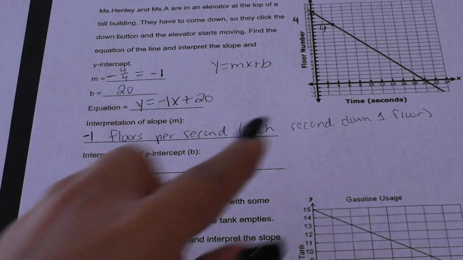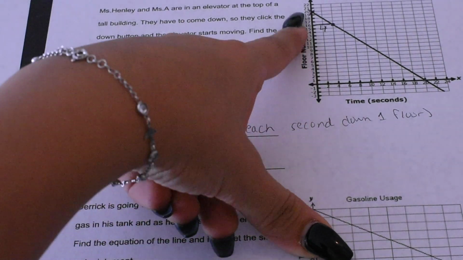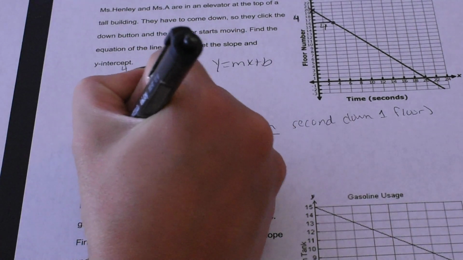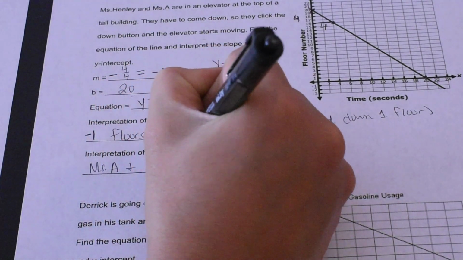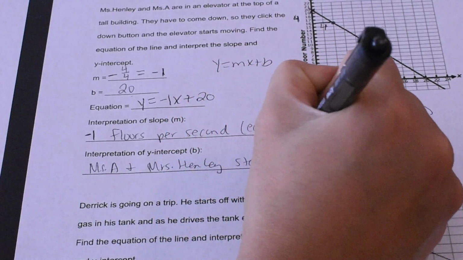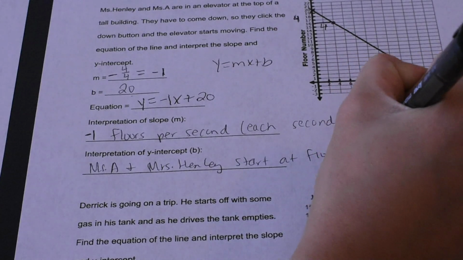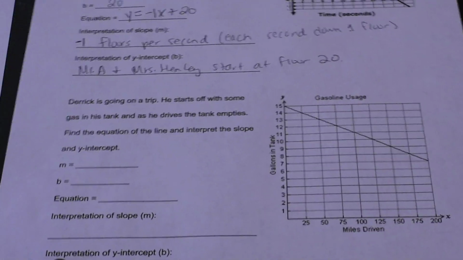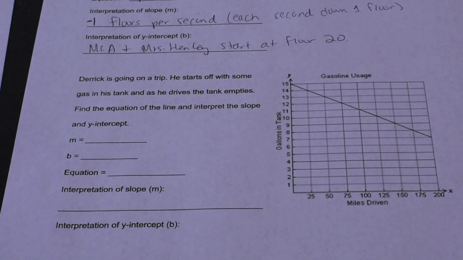Now interpret the y-intercept. At 0 seconds, Miss Henley and Miss A are starting at floor 20. That's all that means. All right, so we're going to do one more together and then you're off on your own.